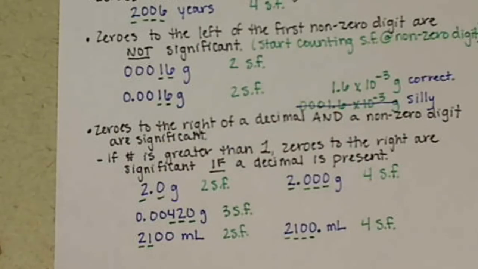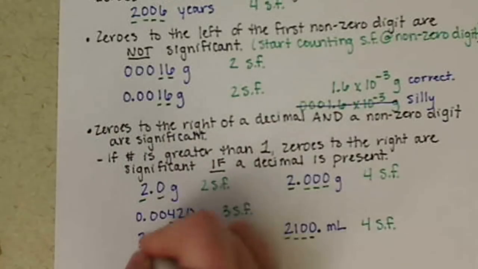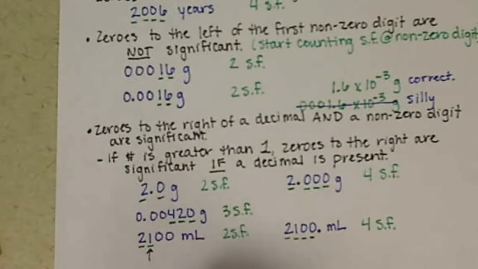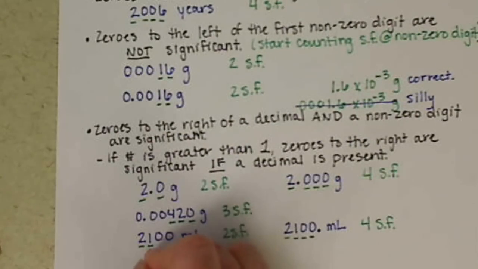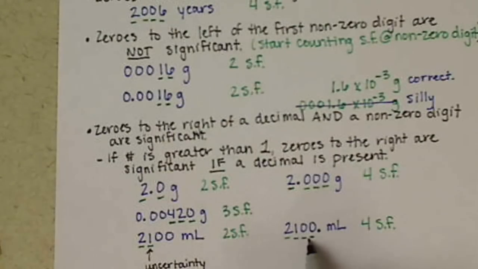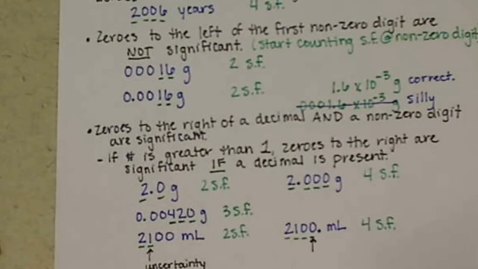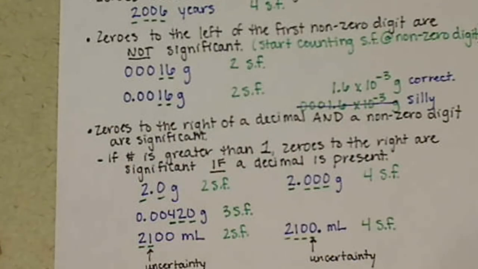Why this is important to us as scientists goes back to what we talked about with those measured numbers. For this first value, the 1 is where our uncertain digit is. In the second value, it's the 0 in the 1's place where our uncertainty is. So this number here is a measurement.